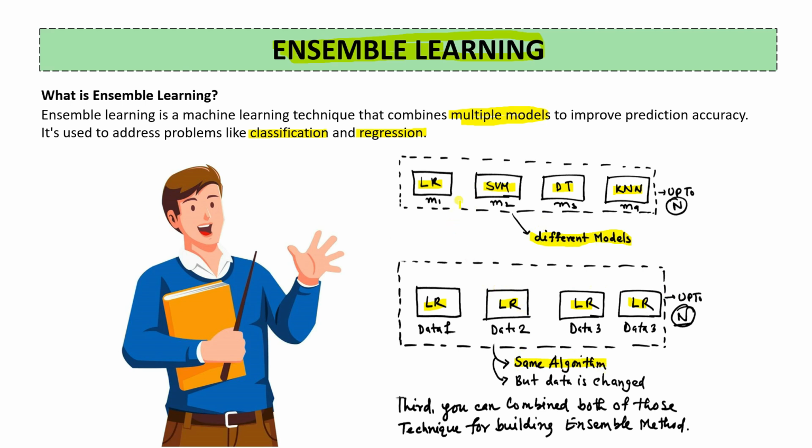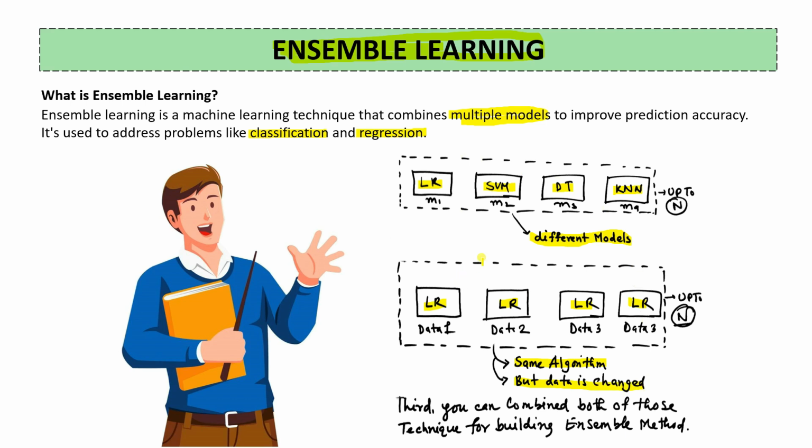Also, you can see that in the first case the data is not changed, but in the second the data should be changed. That means in the first, we use different types of machine learning models to do the predictions, and in the second, we use the same type of model, but the data is changed.